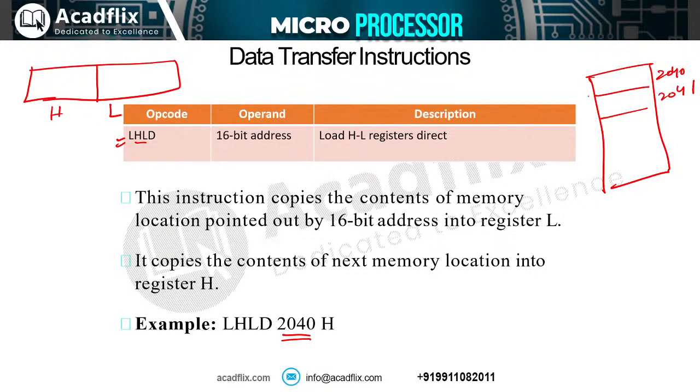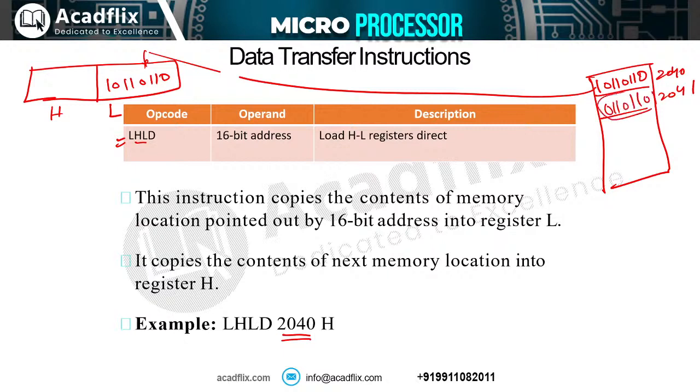You will read the first location, 2040. In this location we have some data, and this data will be copied to the register L, say 1011 0110. Then the next location will be read. Let us say we have some 8-bit data there. This data will be copied to the H register, that is 0110 1101.